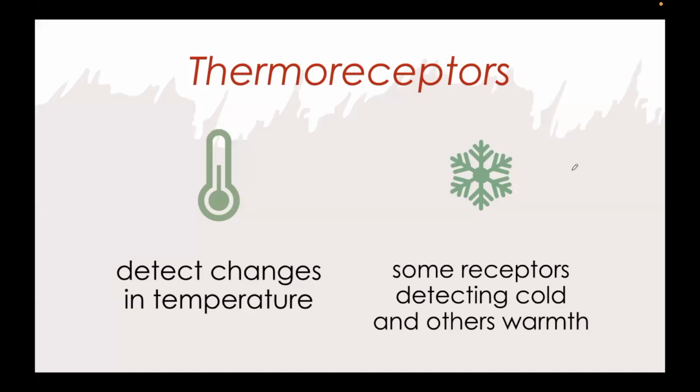Now, what about the thermoreceptors? As the suffix implies, thermal. So this has something to do with temperature. So the thermoreceptors will detect changes in temperature. Some thermoreceptors will detect cold, while other thermoreceptors will detect warmth.